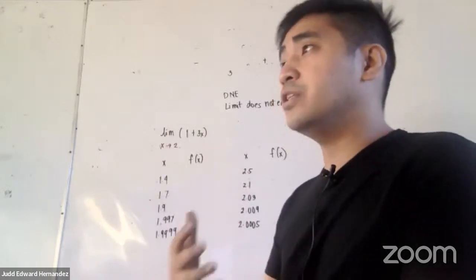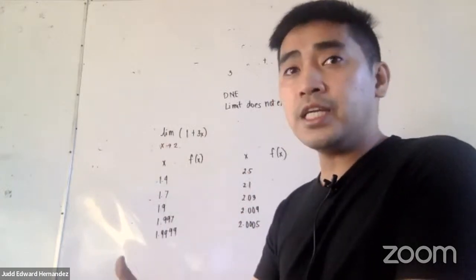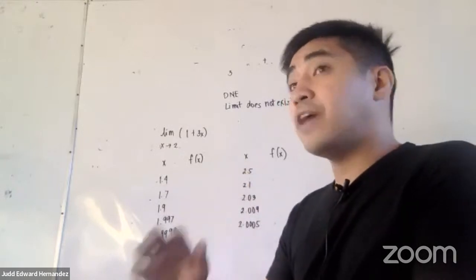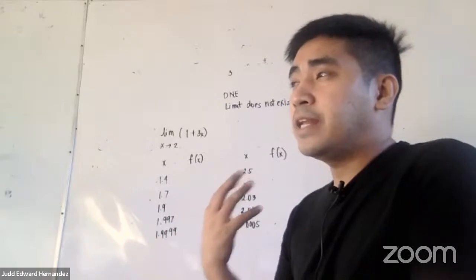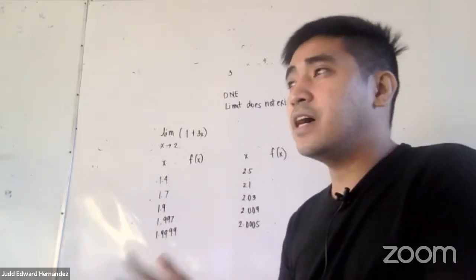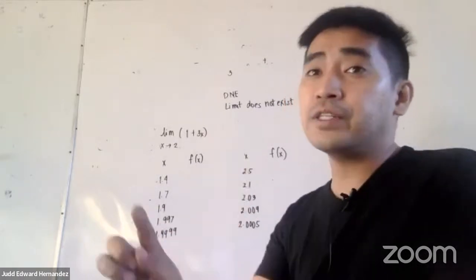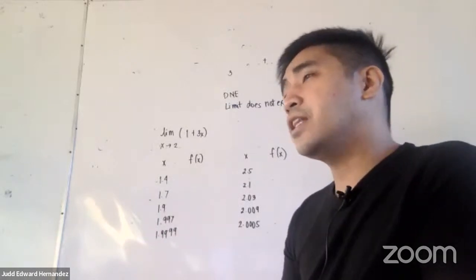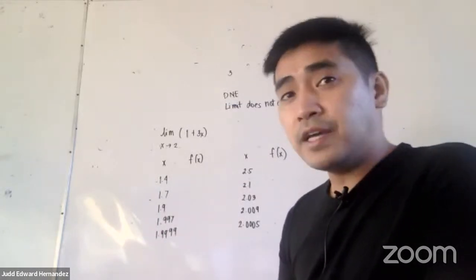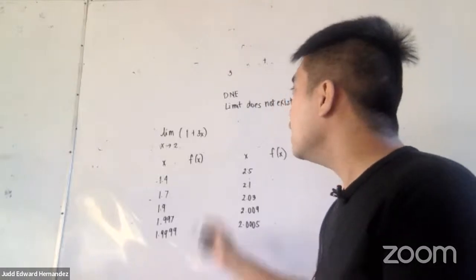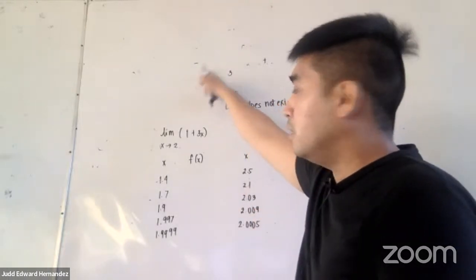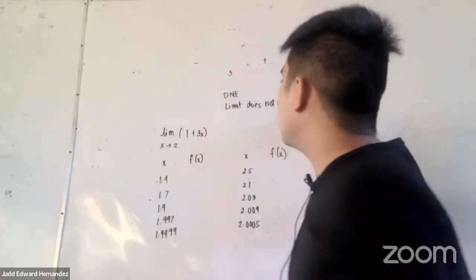There is a condition, there is a certain boundary wherein the values of x are given such that an example would be x is less than or greater than 5 for the first sub-equation, x is greater than 7 for the second equation, and so on and so forth. So, lagi nating tatandaan, if hindi equal yung left dun sa right, therefore the limit does not exist.